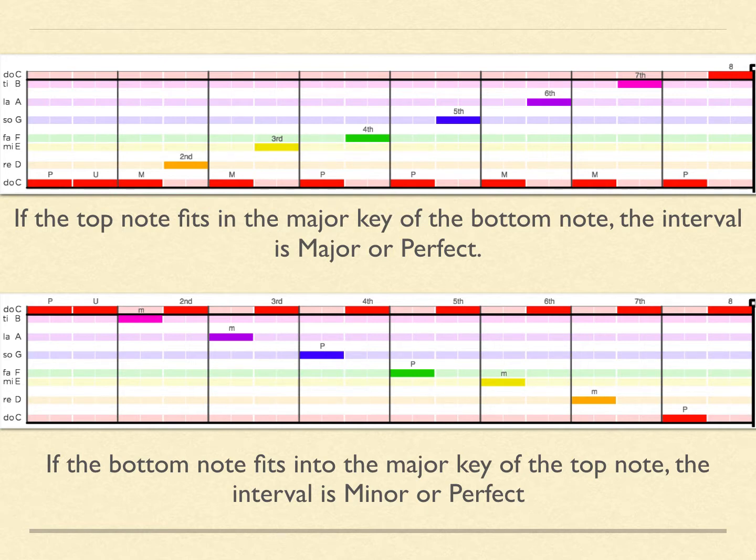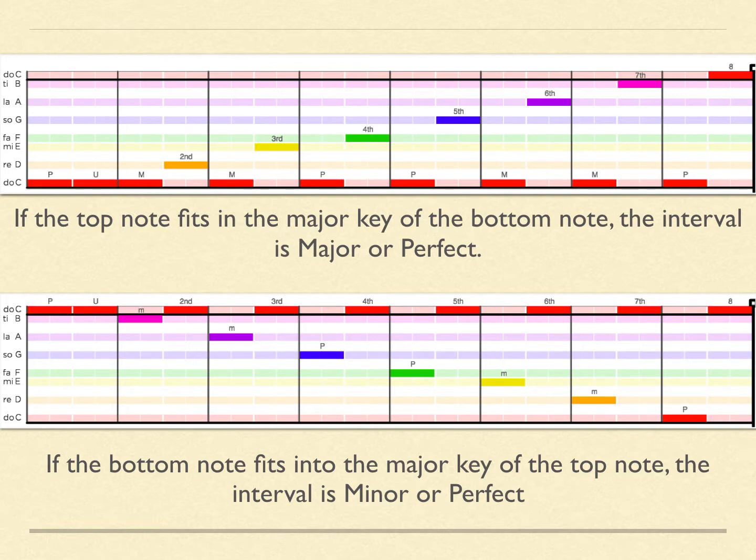So we say that if the top note fits into the major key of the bottom note, you will either have a major or a perfect interval, because if you go from do to re, that's a major second, do to mi, major third. Anytime you start on do and go up to something that is within the key, you have either major or perfect. Then the other side of this is if the bottom note fits into the major key of the top note, the opposite is true. The interval is minor or perfect.